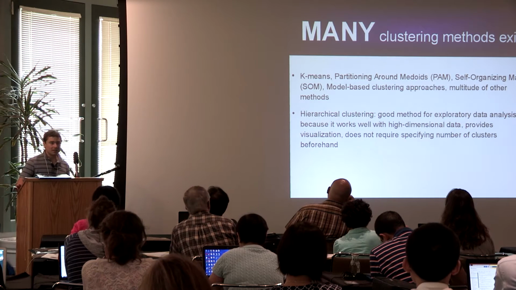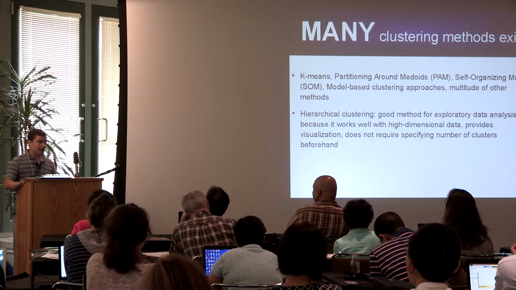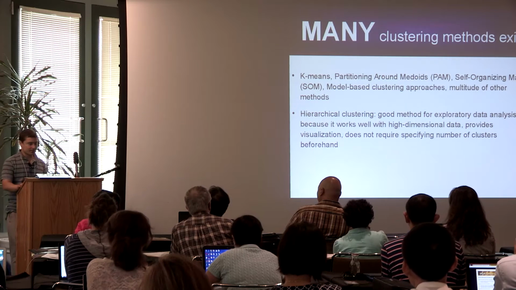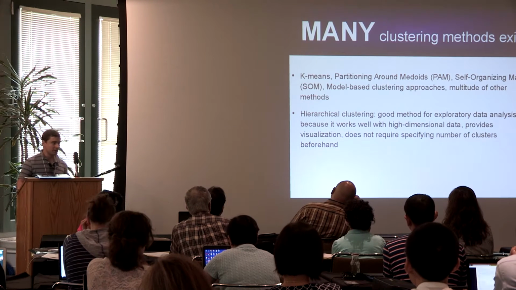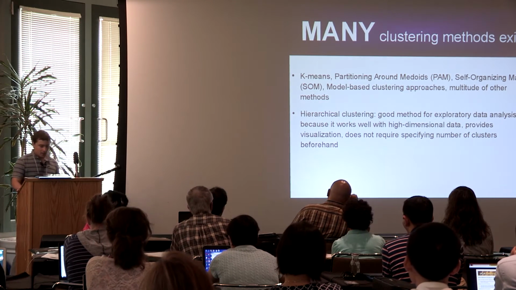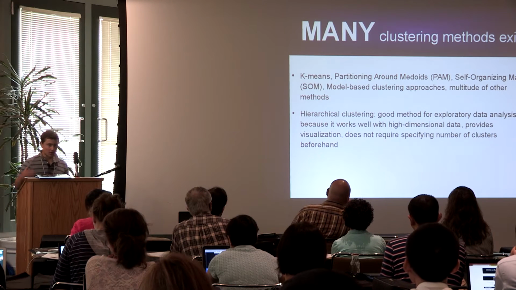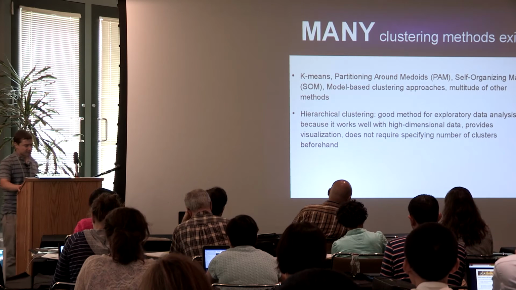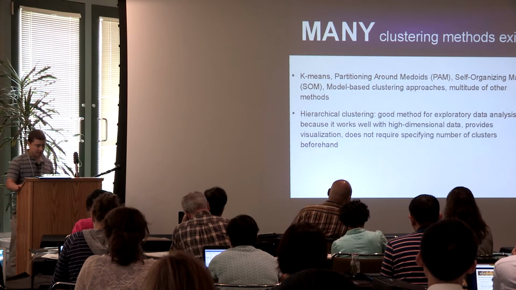So don't be surprised if you see that every analyst has his or her own favorite clustering method. That's just the way the field is. There is no clear winner, there's no clear loser, and there are lots and lots of candidates. What we usually use is known as hierarchical clustering, so it's one of the many clustering methods. And why we use it is because it's a good method for exploratory data analysis.